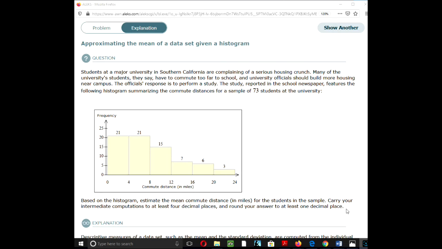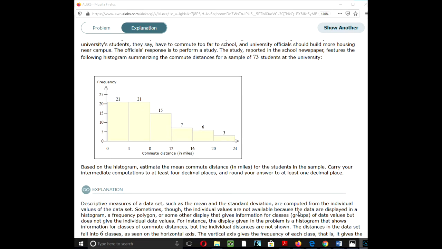The study, reported in the school newspaper, features the following histogram summarizing the commute distance for a sample of 73 students at the university. Based on the histogram, estimate the mean commute distance in miles for the students in the sample. Carry your intermediate computation to at least 4 decimal places and round your answers to at least 1 decimal place.